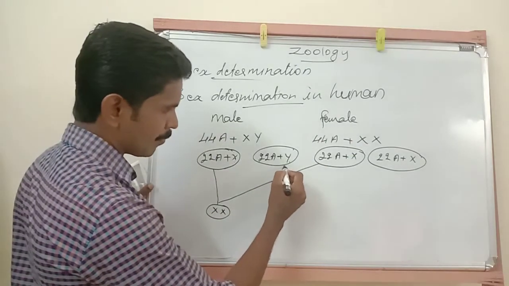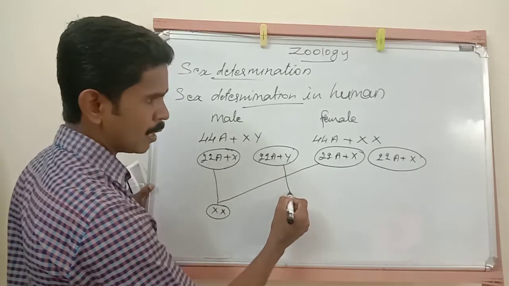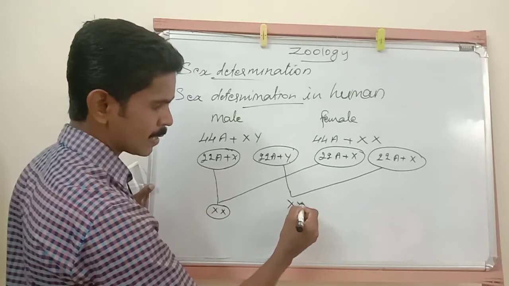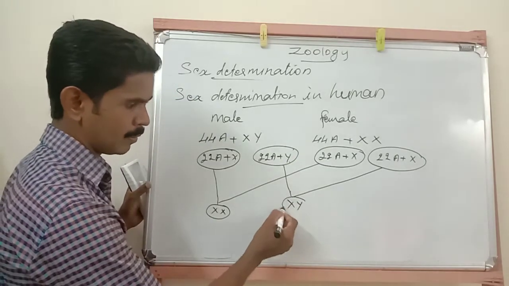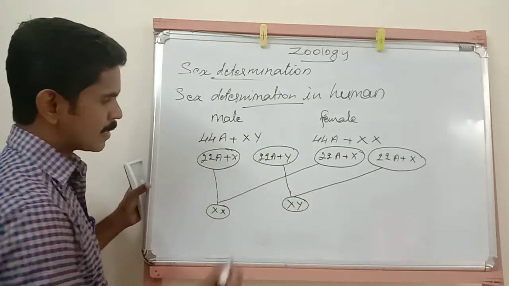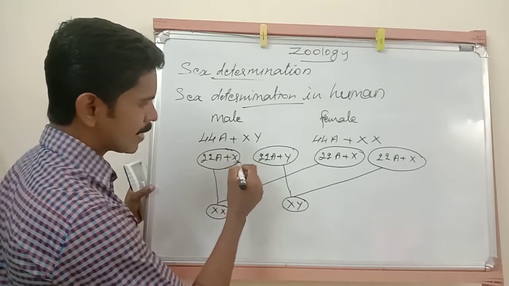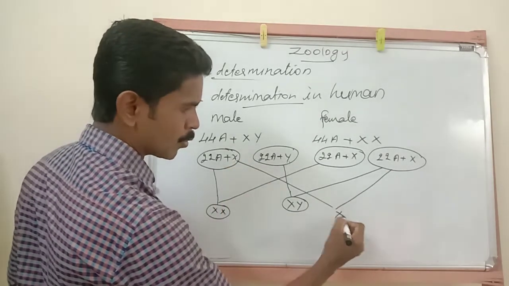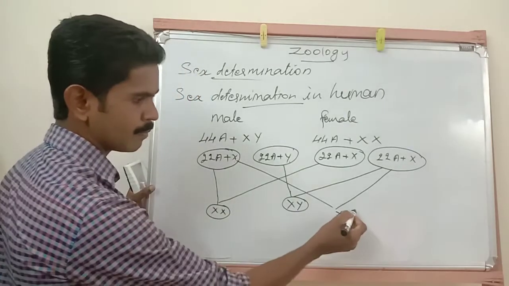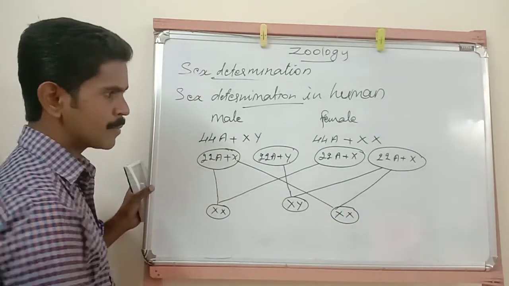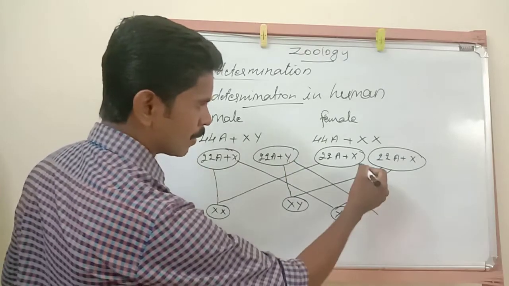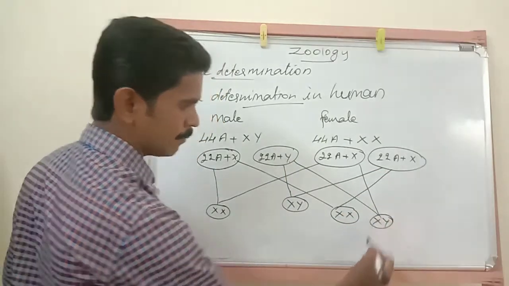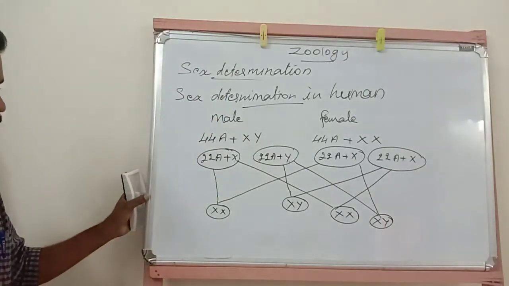Suppose from the male this Y chromosome is coming and from the female this X chromosome is coming. So X and Y chromosomes are found. Sometimes this X chromosome may join with this X chromosome, so both are X chromosomes. And sometimes this Y chromosome can join with this X chromosome, so XY. Understand?